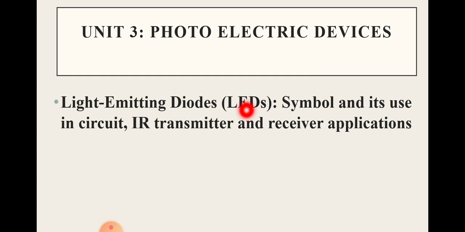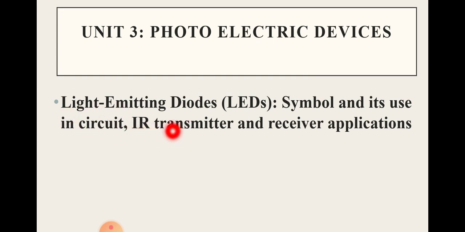I think you are familiar with light emitting diodes from 12th. In the previous academic year you learned this in your syllabus. So we are going to study the symbol and the use of light emitting diode in a circuit.